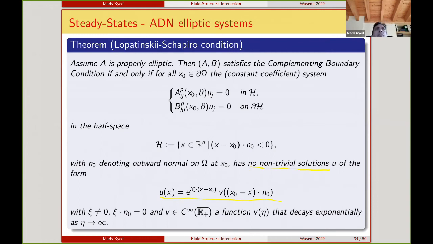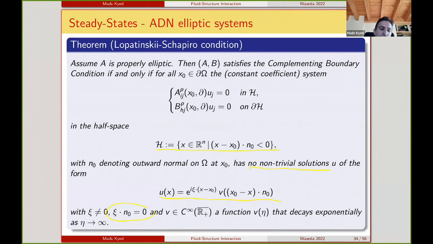So the half space that we're considering is this half space here, with origin at x naught, and xi is tangential, while this is in the normal direction.